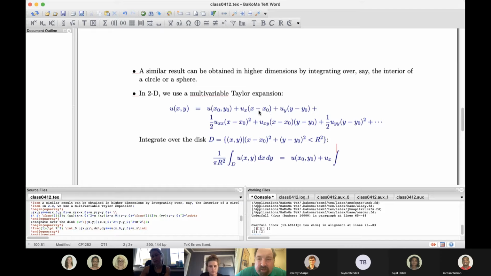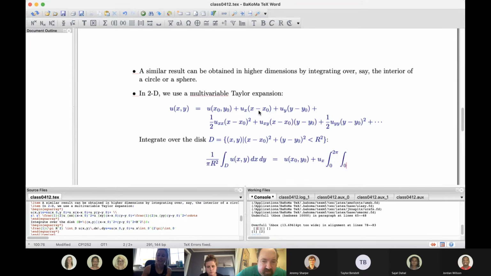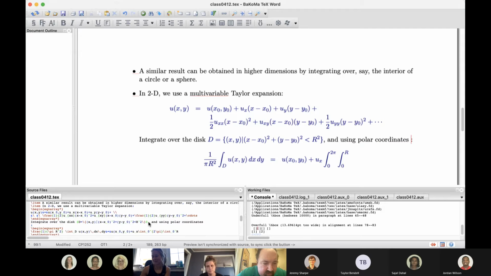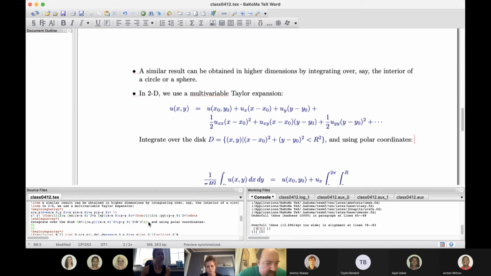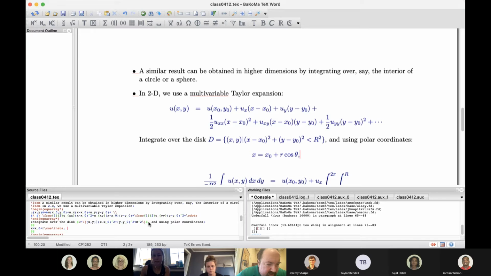So now when I'm integrating over a disk, I'm going to switch to polar coordinates, and I will get the integral from 0 to 2 pi, and then from 0 to r, and then I have x minus x naught. I'm going to find my polar coordinates. So x is x naught plus r cosine theta.